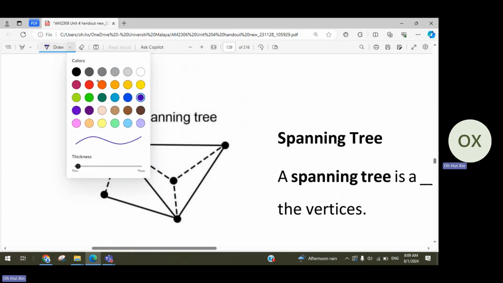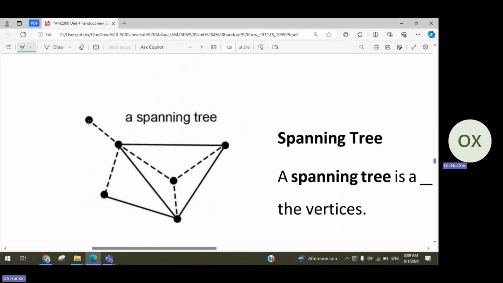Let me highlight that. You can see this is a subgraph, am I right? I didn't add any new edges or new vertices, and this is part of the graph. That's why this is a subgraph. And you realize that there's no cycle created for this subgraph.